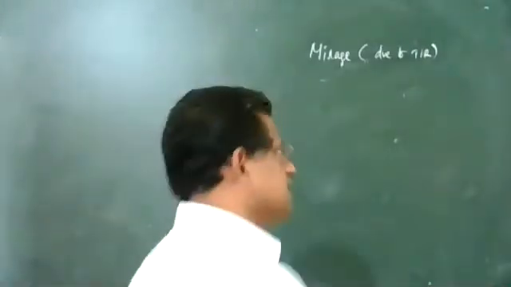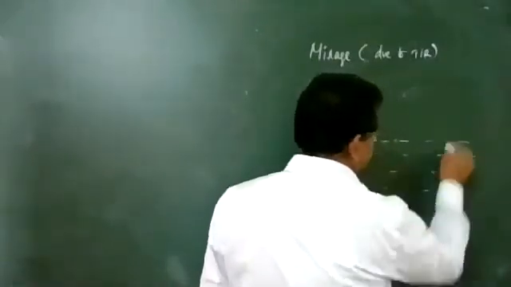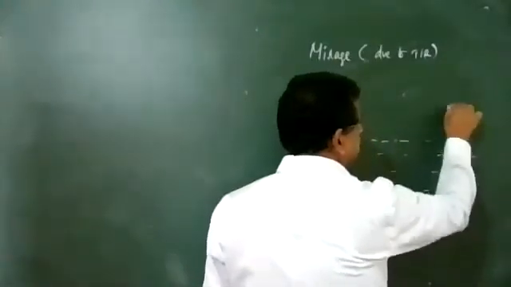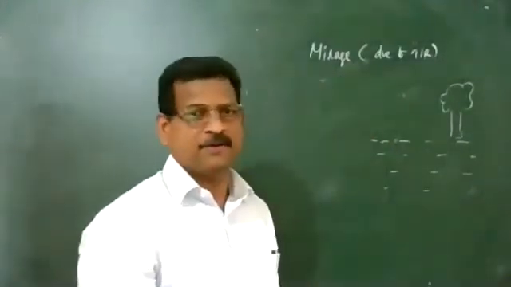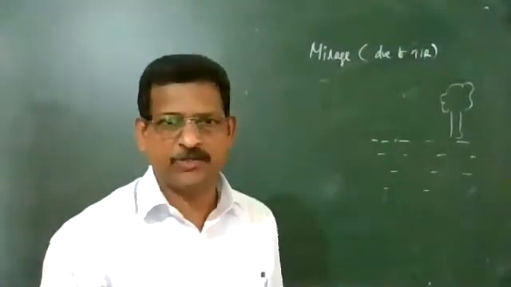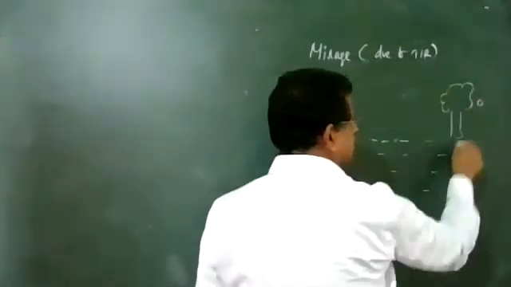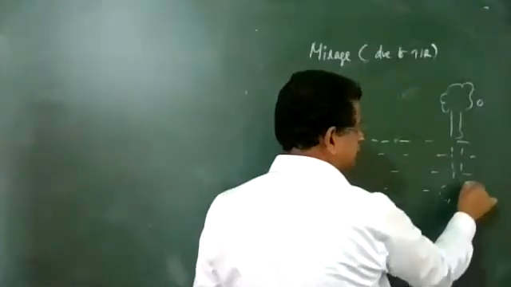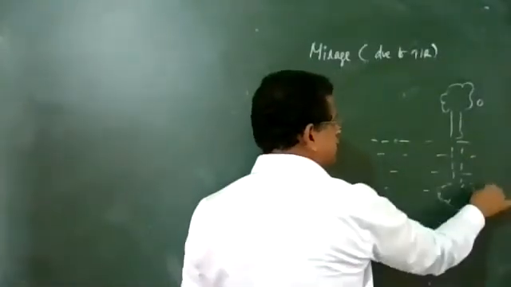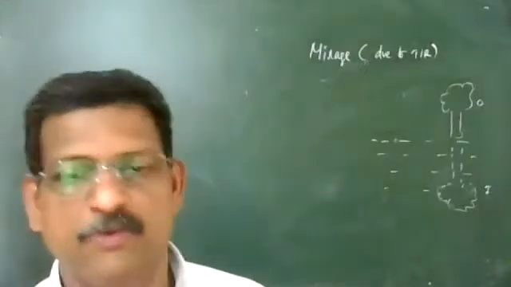If water surface is available, suppose there is water surface here. You have an object here, a tree on water surface. You can see inverted image of tree in water. So here, this is object, and here you can see inverted image. So inverted image of the tree can be seen from the water surface.